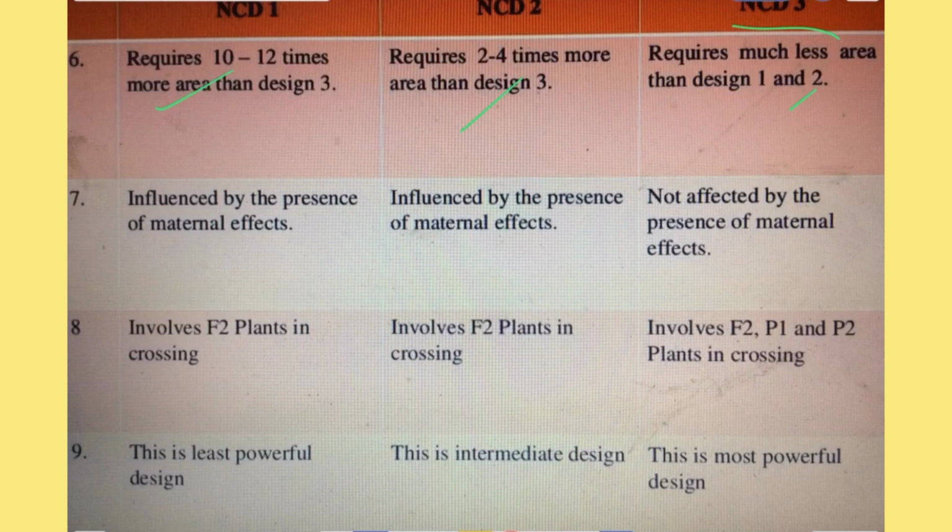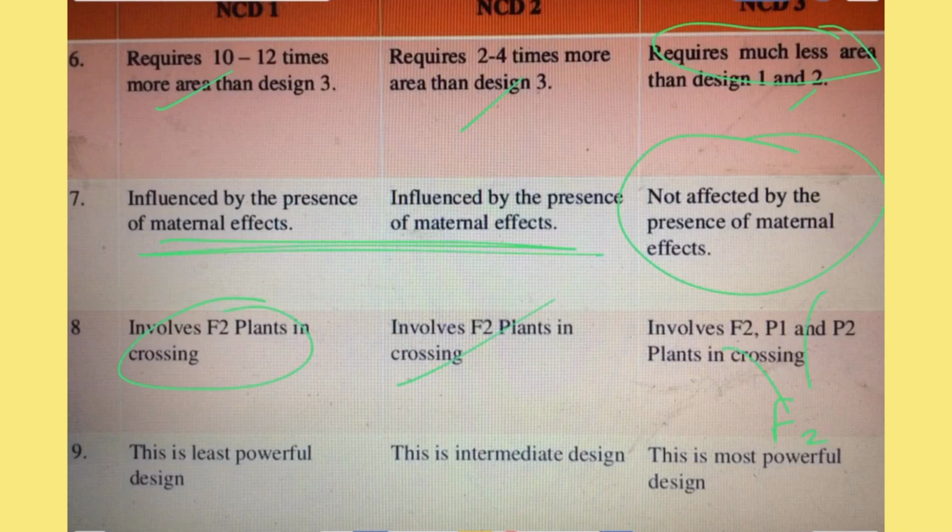NCD1 and 2 are influenced by the maternal effect, while NCD3 is free from all the genetical assumptions, as I already told during the NCD3 explanation. NCD1 involves the F2 plants in the crossing, NCD2 also F2 plants in the crossing, while in NCD3, F2 and for the backcrossing P1 and P2 are required.